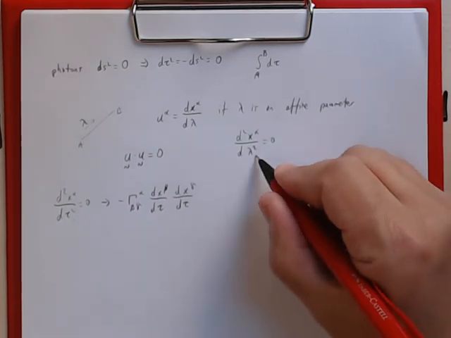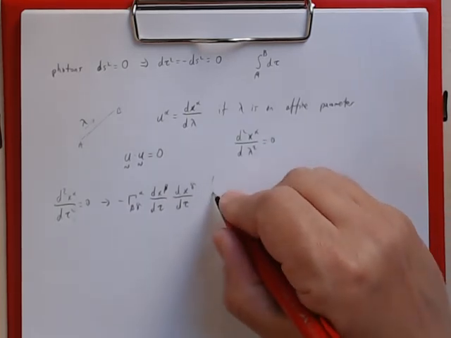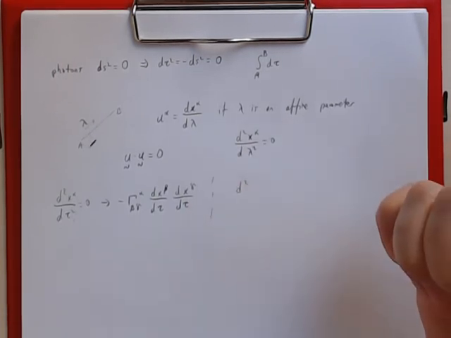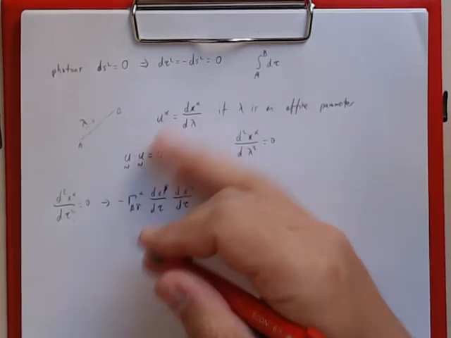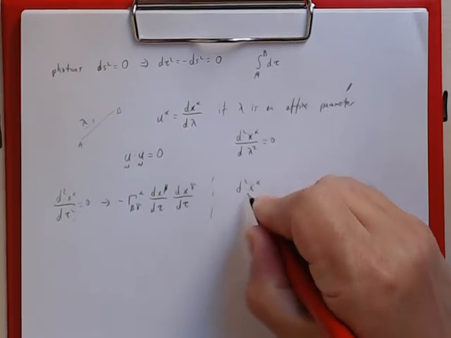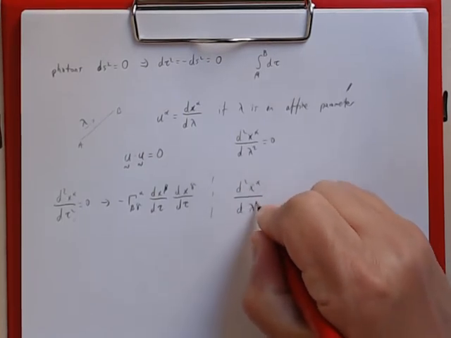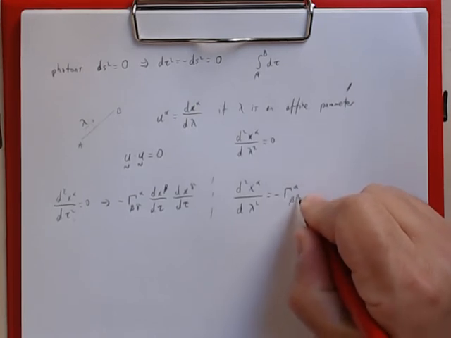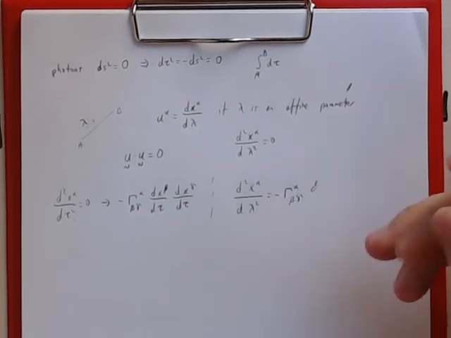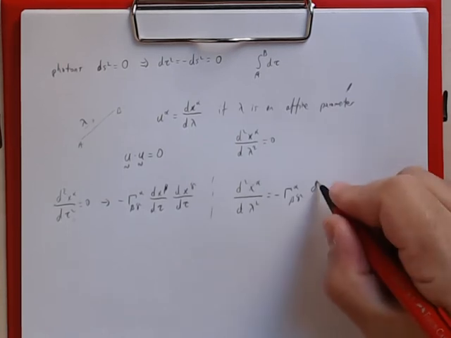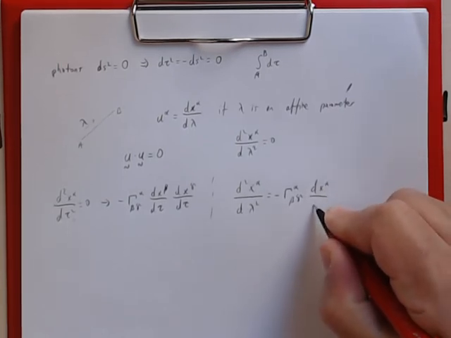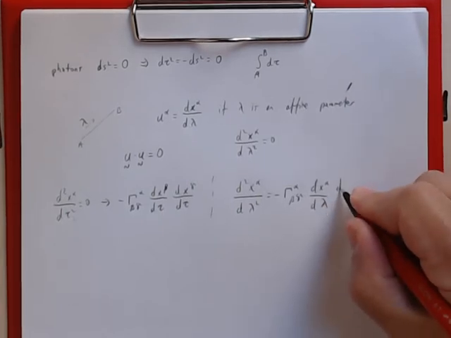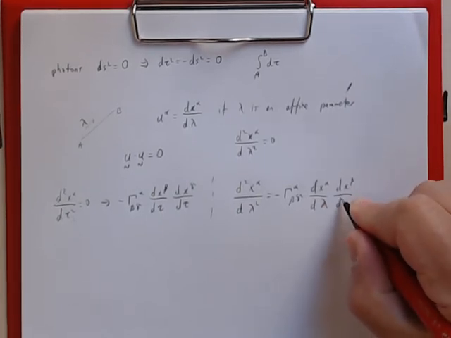So for the photons, we start with this, and we are going to say that for the photons, the geodesic in curved space-time is still given by this: the Christoffel coefficient alpha beta gamma times dx beta by d lambda times dx gamma by d lambda.